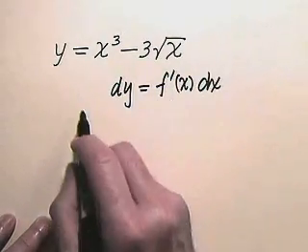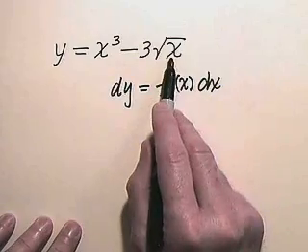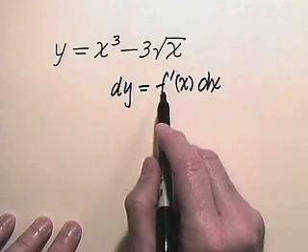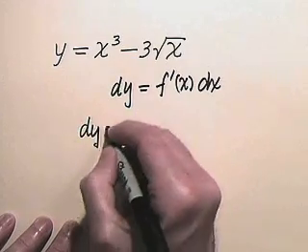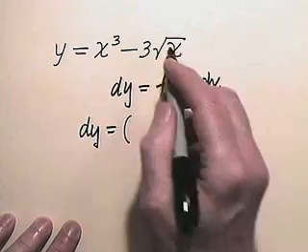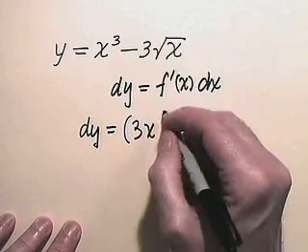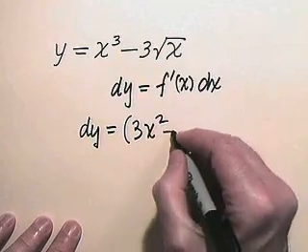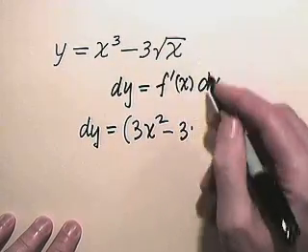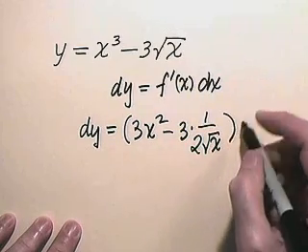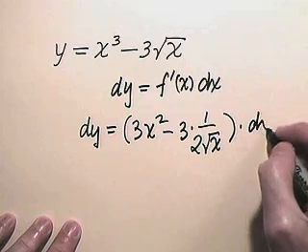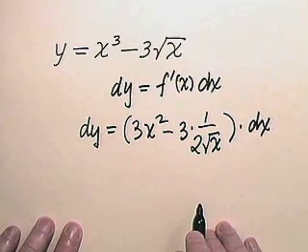So in effect, all I do is just differentiate the function in the ordinary way, but instead of writing f prime of x equals the derivative, I'm going to write dy equals, start differentiating. So derivative of x cubed is 3x squared minus 3 times the derivative of square root x, which is 1 over 2 root x. And then at the end, I multiply the whole thing by dx, and that's all there is to it.